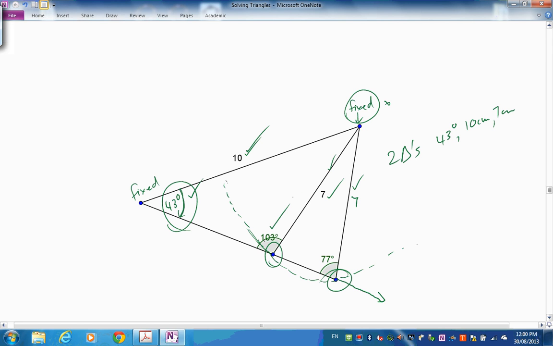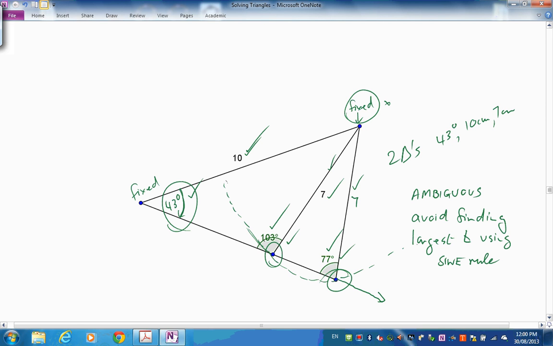And we don't know whether it's 103 or 77. So this is the ambiguous case. So we want to try and avoid finding the largest angle using sines, using the sine rule, because we don't know whether it's really 77 or 103.